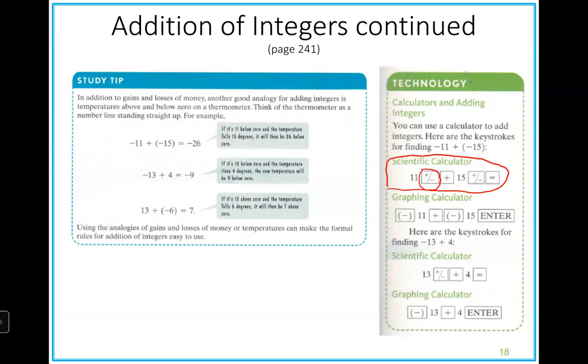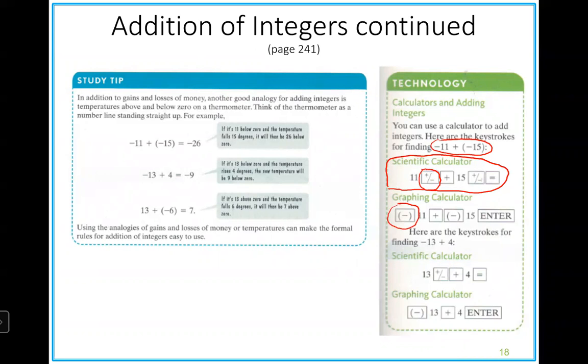So we're doing negative 11 plus negative 15. In some calculators, you have to enter the 11, then press the plus-minus to change it to negative. Then you press add, then you press the 15, then you press the plus-minus to change that to negative 15, equals, and you get your answer. Some calculators actually have a negative sign like this, so you could just enter it as it is written.